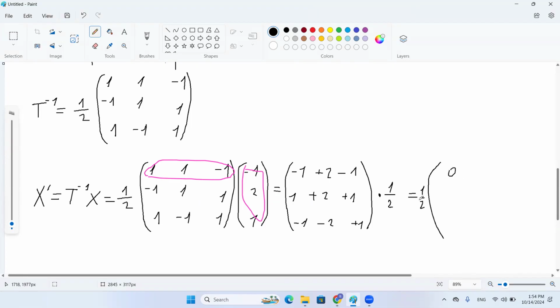So here we have 0, 4, minus 2. And finally, 0, 2, minus 1. Any questions about this task?